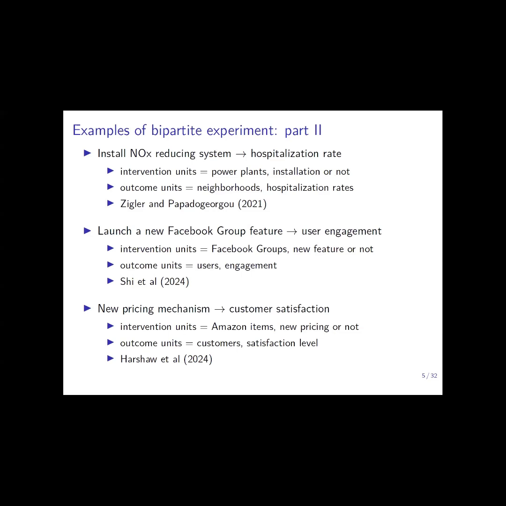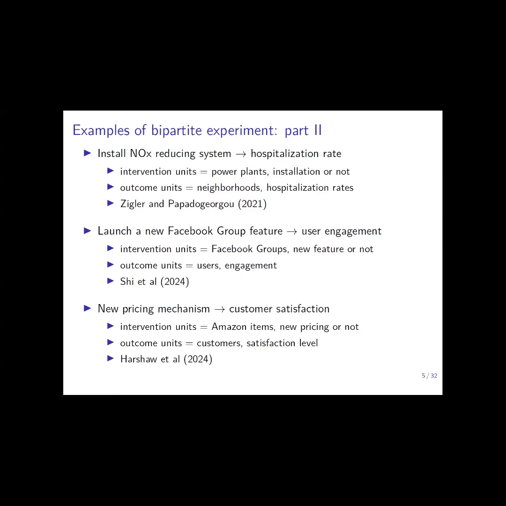The second example is from modern online digital experiments. For example, Facebook was interested in launching a new feature on Facebook groups. They are interested in the downstream effect on user engagement. In this example, the intervention units are Facebook groups, and the outcome units are users.